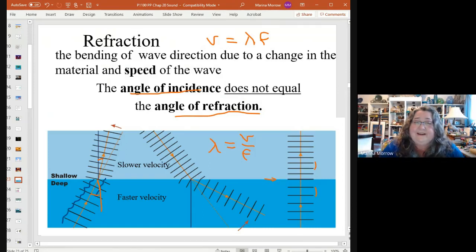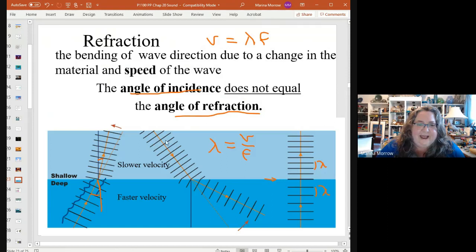The same period is still between them. But what happens is that the wavelength would have to adjust. Okay, it can't go as far, it's going slower. So your wavelength gets smaller when it goes slower. Okay, so that's what that's about.